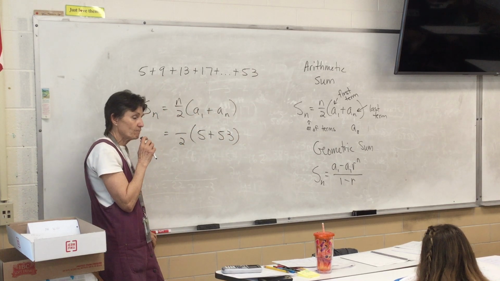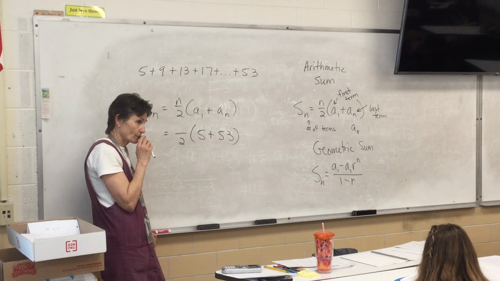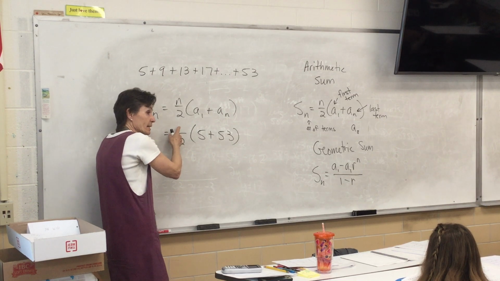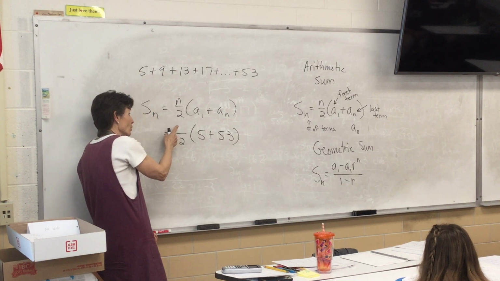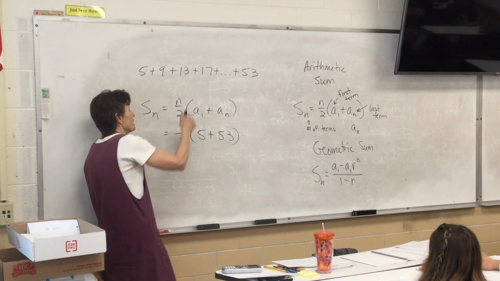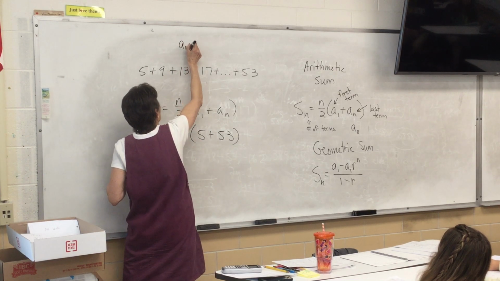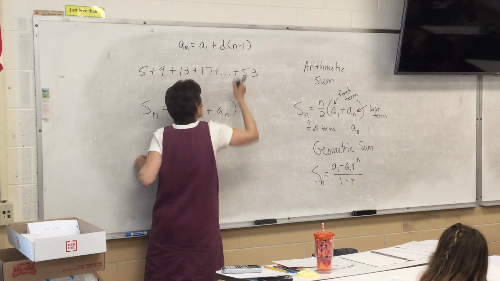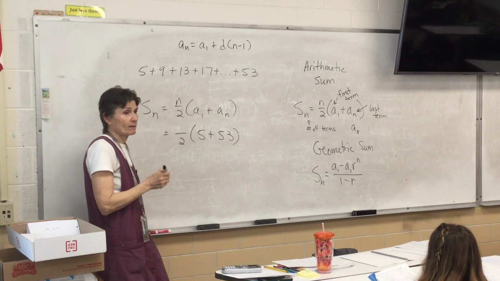I wonder if there's a formula that might help us. This one's not working right now because I don't know what n is. I need to know what n is in order to do this. Here is my other arithmetic formula.